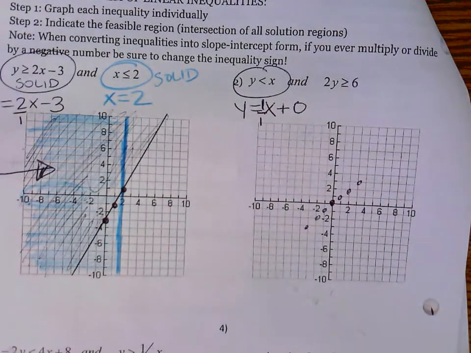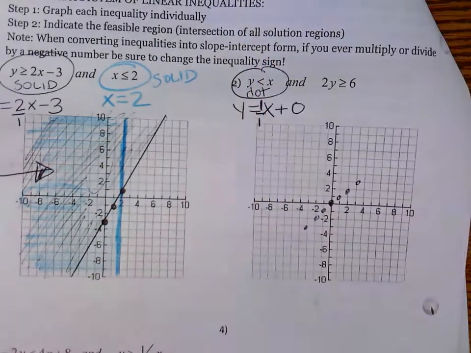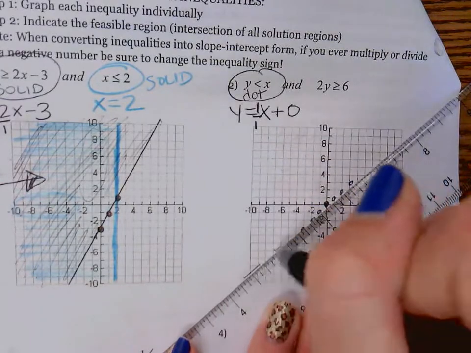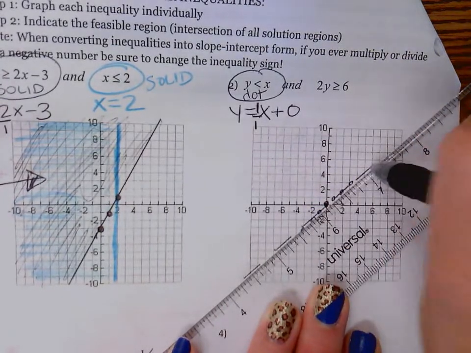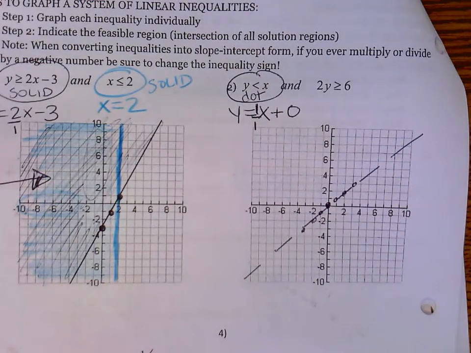Should I do a dotted or solid line? Strictly less than, so I need to do a dotted line. So here's my dotted line. Y is less than X. So where are the Y values less than? I want to shade below, right? Y is less than, so that's below.